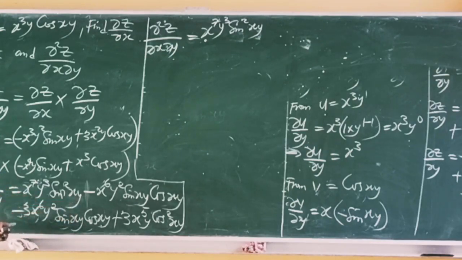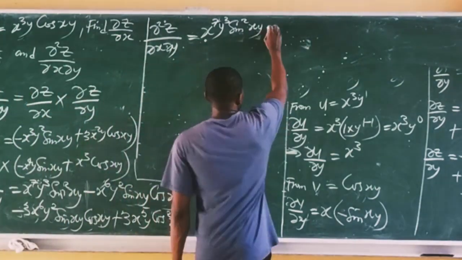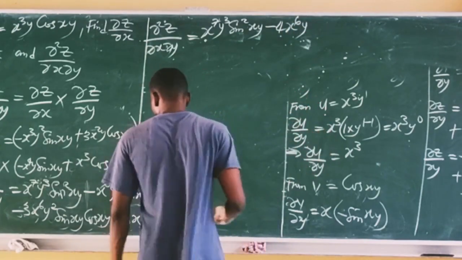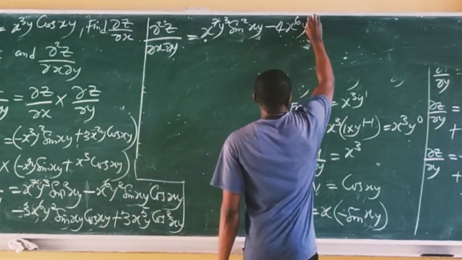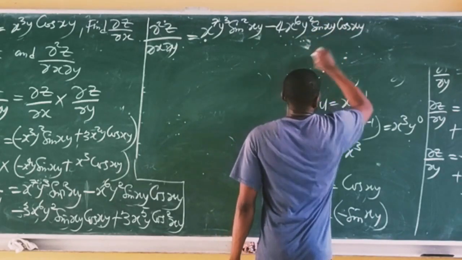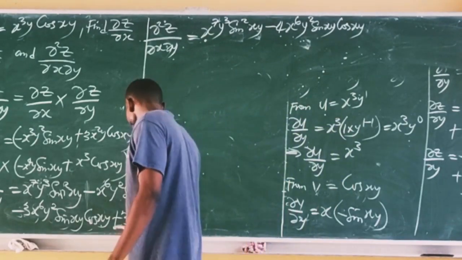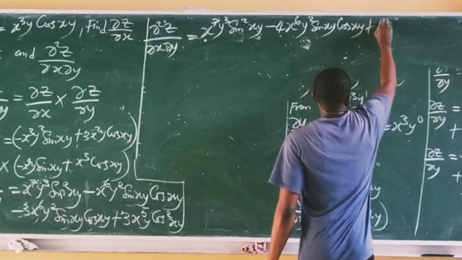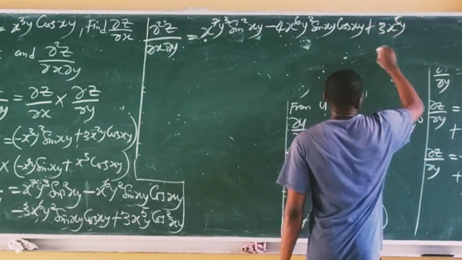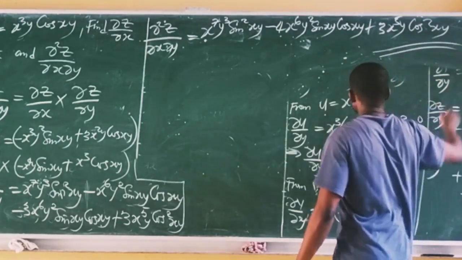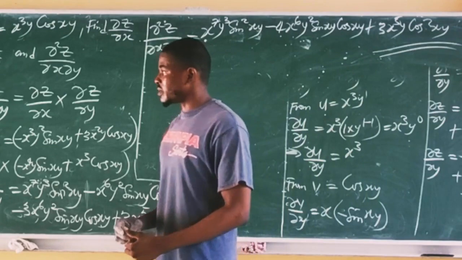So minus 1 minus 3 will give us minus 4x to the 6 y squared sine xy cos xy. And then finally the last is plus 3x to the 5 y cos squared xy. Alright guys, so that's the final answer to that problem.